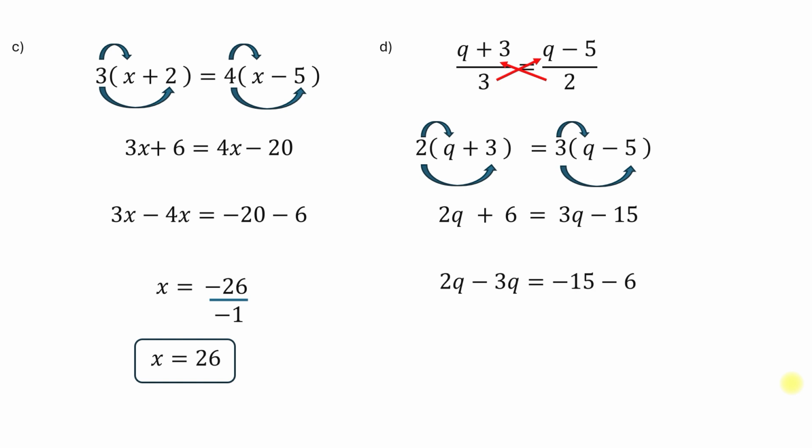And that 6 on the left-hand side will come over onto the right where it becomes a negative 6. And then when we simplify it, we end up with negative 1q, or negative q, equals negative 21. Q by itself becomes negative 21 divided by negative 1. Q equals 21.